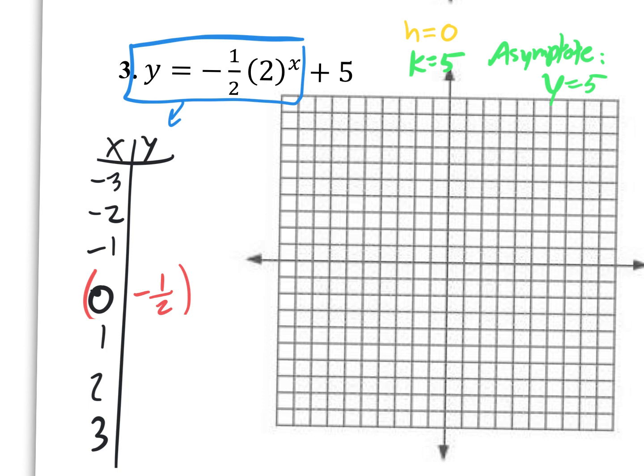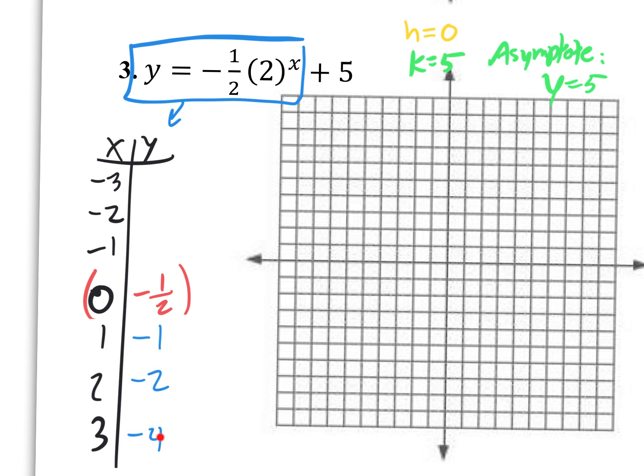Now, I am going to use the growth factor of 2 to get from here to the next output. So the growth factor of 2, what is -1/2 times 2? -1. And then -1 times 2, -2. And then -2 times 2, -4. You guys get it? So if you are multiplying by 2 as you go down backwards, you're going to be multiplying by the reciprocal of 2, which is really multiplying by 1/2.